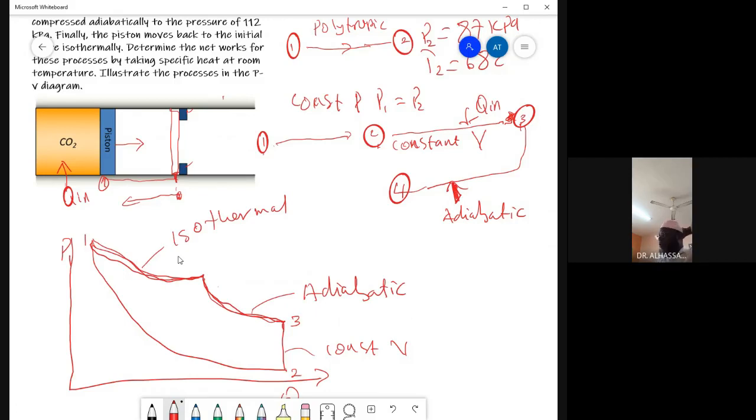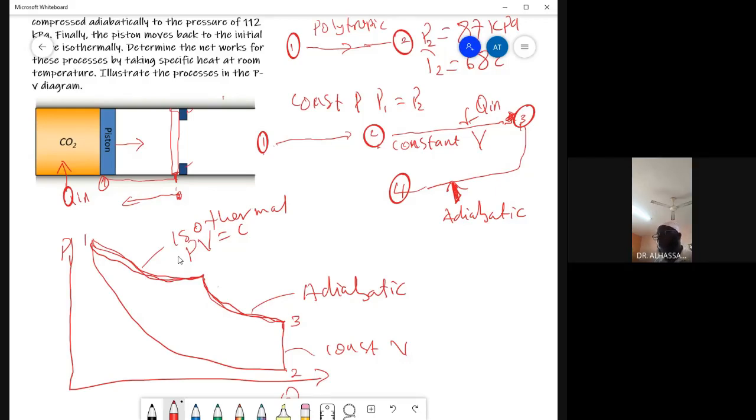Okay. So now the word isothermal means PV equals a constant. Okay, so isothermal means PV equals a constant. And then similarly, between state 3 and state 4, that is our adiabatic process, and there is no heat transfer to the whole system.